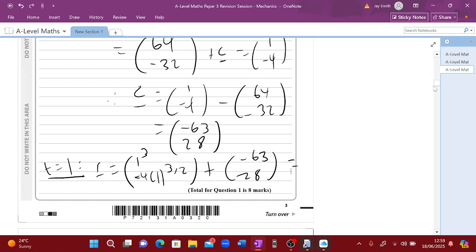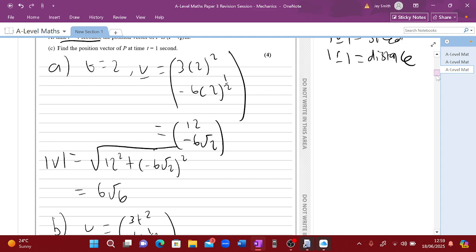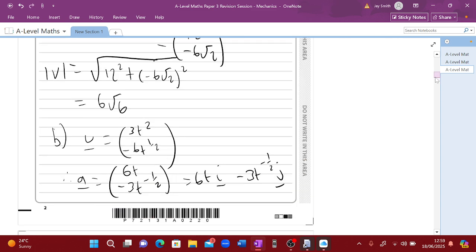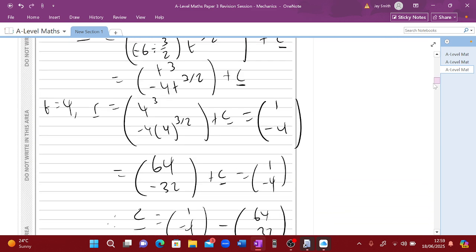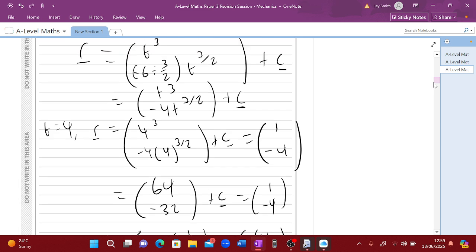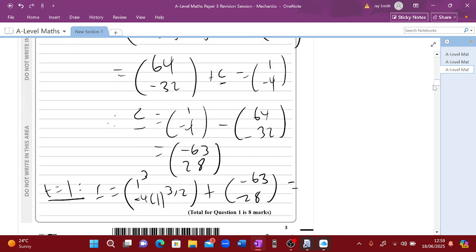So that's going to be, well, 1 minus 63 is going to be minus 62. Minus 4 times 1 to the 3 over 2, well, that's just going to be minus 4, isn't it?